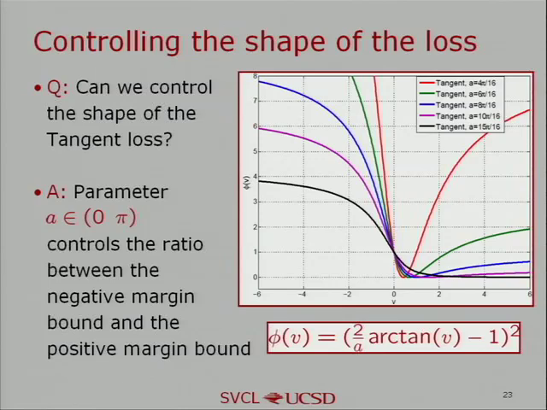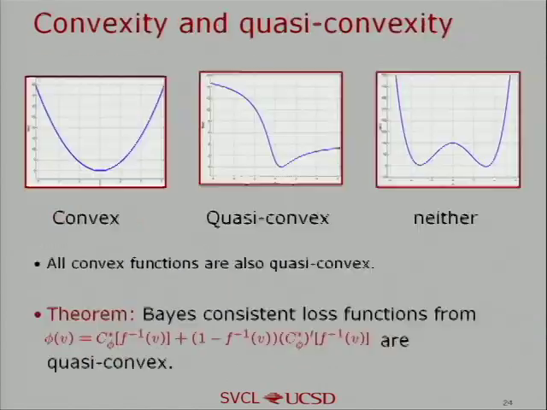So the general formula includes the A, and we've plotted the tangent loss for different values of A. Best results are found through cross-validation for A, or you can guess A depending on how many outliers you expect to have in your data. But in general, you can control the amount of penalty that you assign to the different margins. So you have that flexibility.